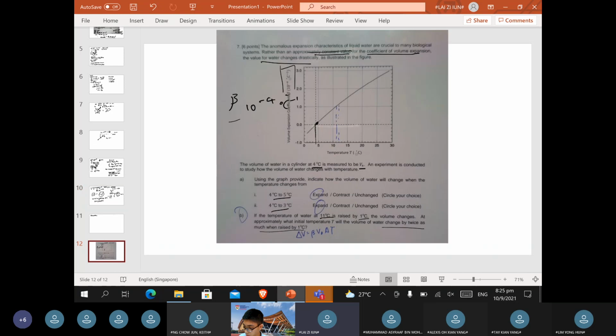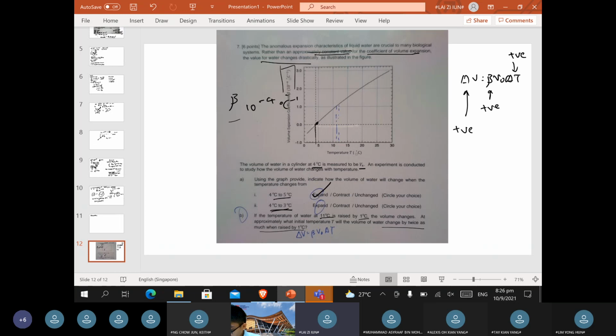So let's bring that there. ΔV is equal to β V naught ΔT. And since we can see from the graph that β is positive, that means ΔV must be positive when we increase the temperature, correct? And ΔT is positive now because it's from 4 degrees to 5 degrees, so that's +1. So this obviously expands.